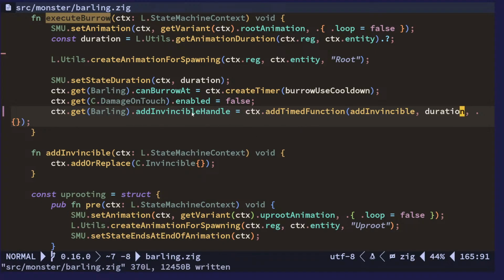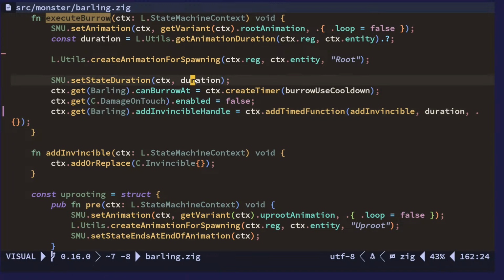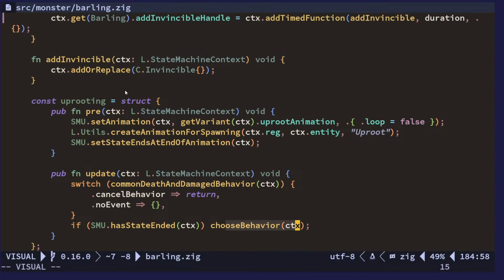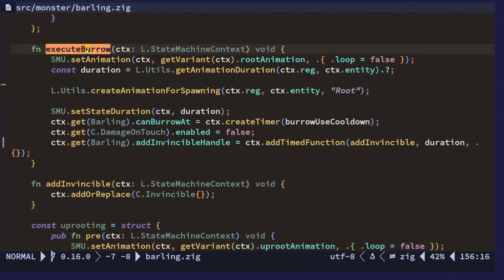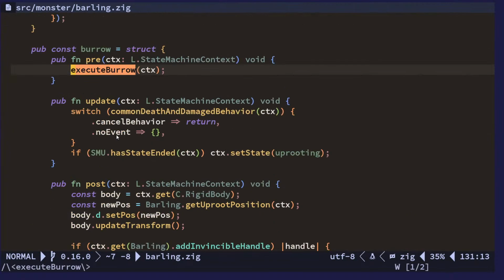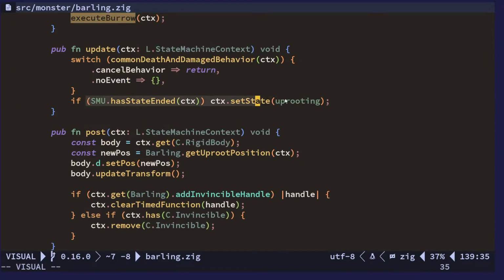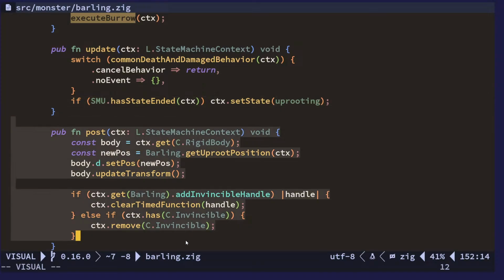The thing is though, when the duration is up, because we set the state duration to the same duration, when the duration is up, we change this to something else, which means that, no wait, that's uprooting. Here, execute burrow. When this is ended, we change the state to uprooting. We also clear invincible, which means we remove invincible.